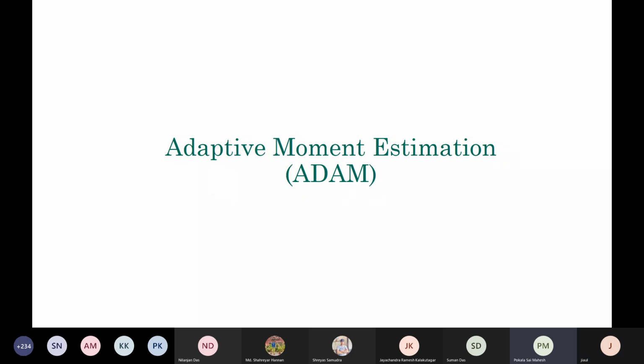Okay, so let me try to explain what I mean by that. I hope you are convinced that we are using these gradients to guide our direction of movement.